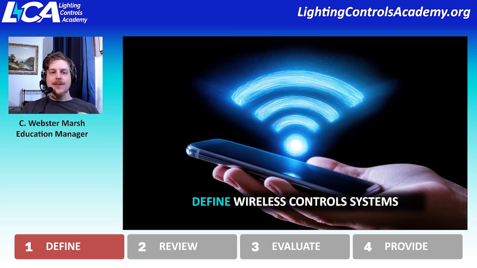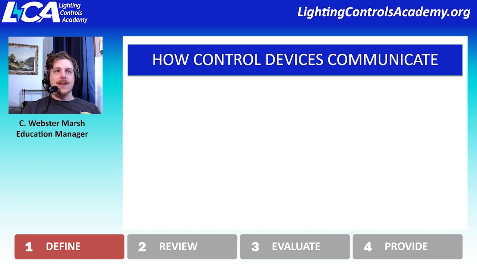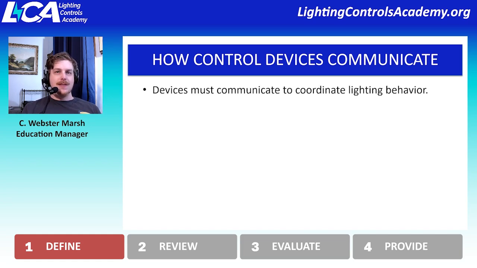So the very first thing, defining what wireless control systems are. First, we need to talk about how devices communicate. We need to have some format for communication for lighting behavior. So as we've discussed in previous videos, there needs to be some way of stating what is happening from the user input from a user interface all the way to the light fixture.